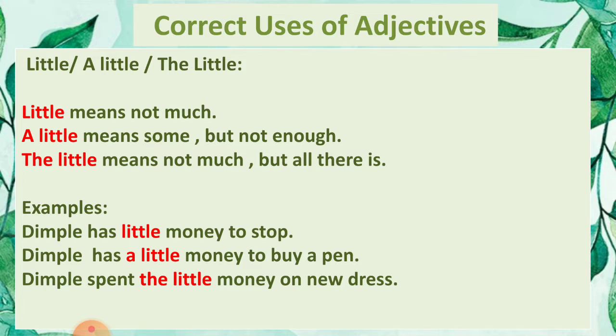So if we add an article, a or the, to little, then the use of little changes, right? Little and a little mean not much in quantity and are used always before uncountable nouns, while the little means not much but all that is available, right?